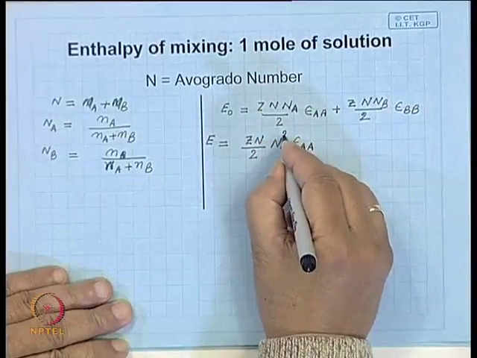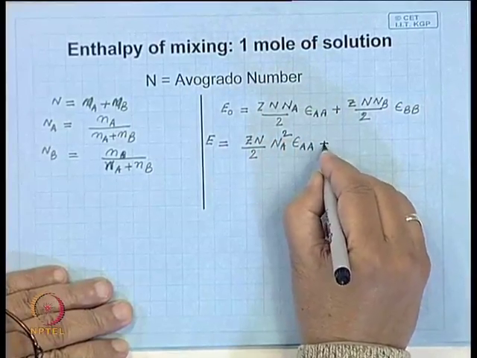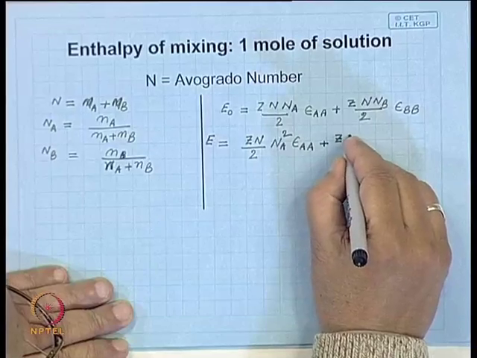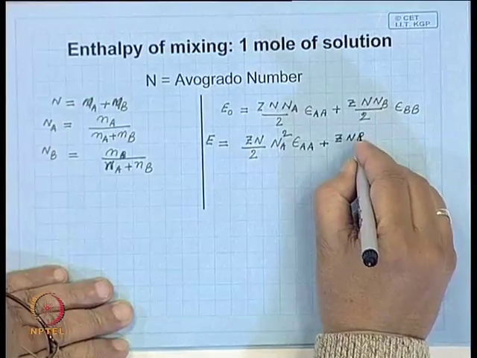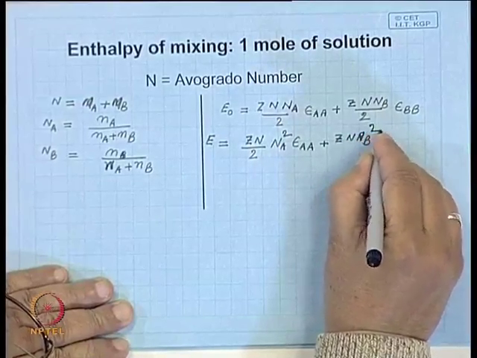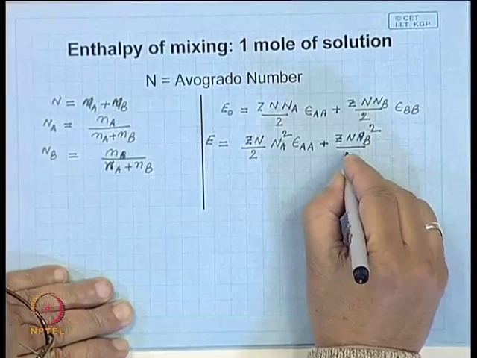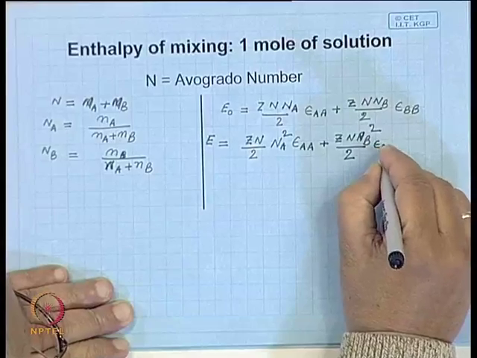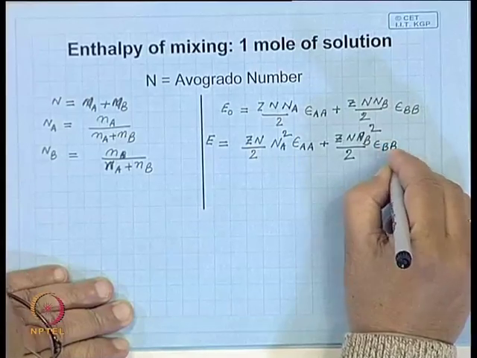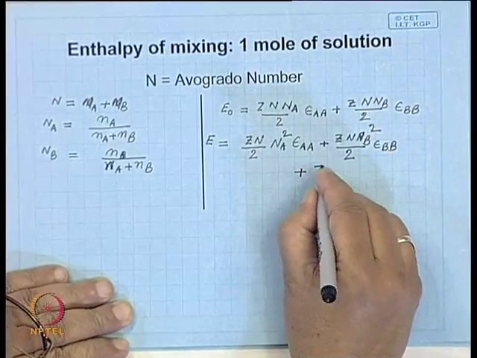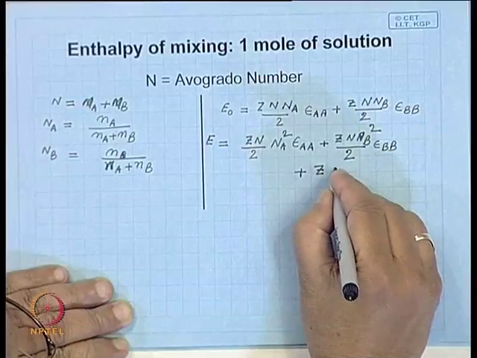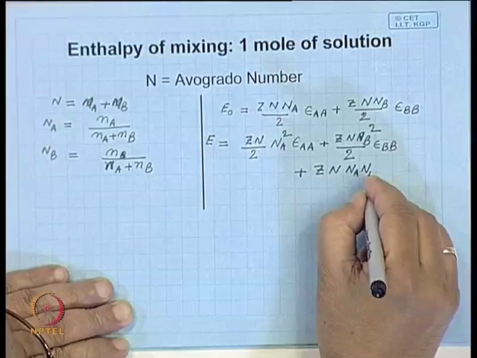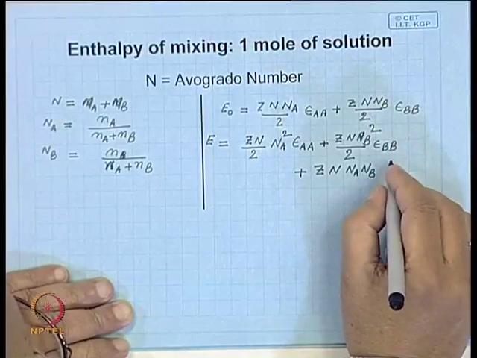Similarly, you will have the BB type of bond, with energy due to BB bonds epsilon BB, plus there will be Z n Na Nb types of bonds.